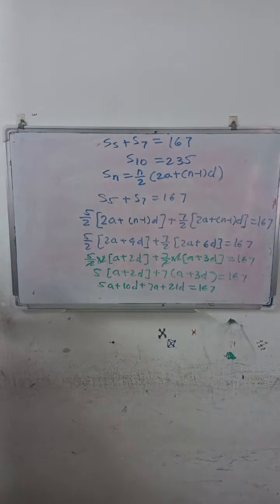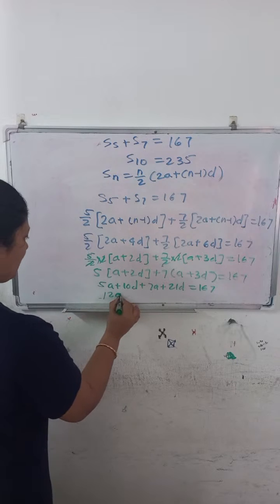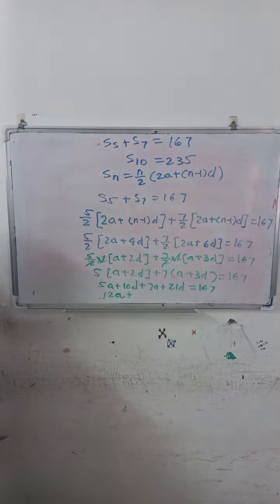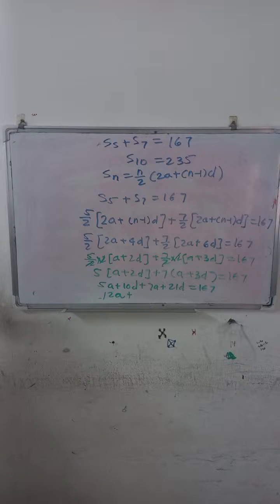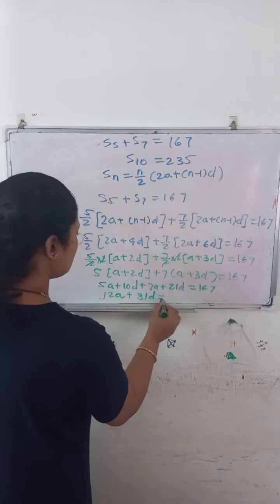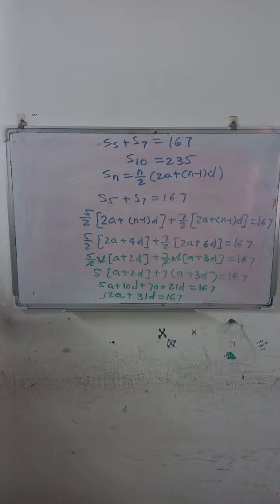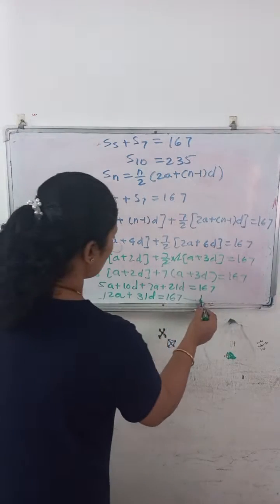So 7 plus 5 is 12, so we can write 12a plus, here 10 plus 21 is 31d, is equal to 167. So keep this as equation number 1.